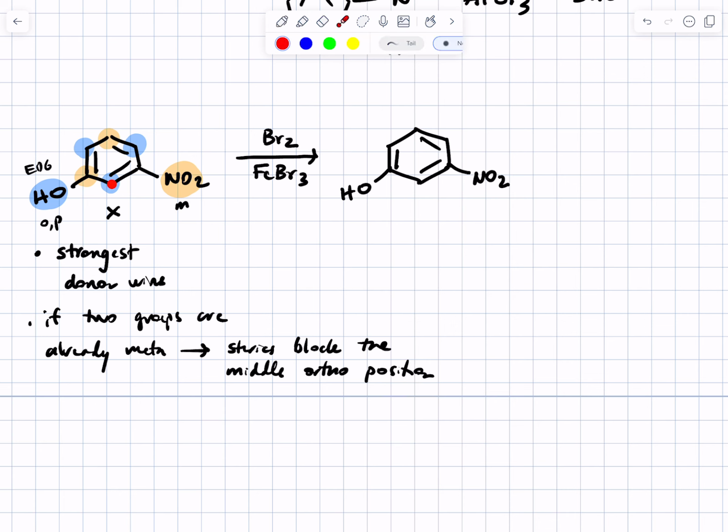So we're going to rule out this blue carbon here because it's in between two groups that are meta to each other, and sterics make that reaction difficult to do.